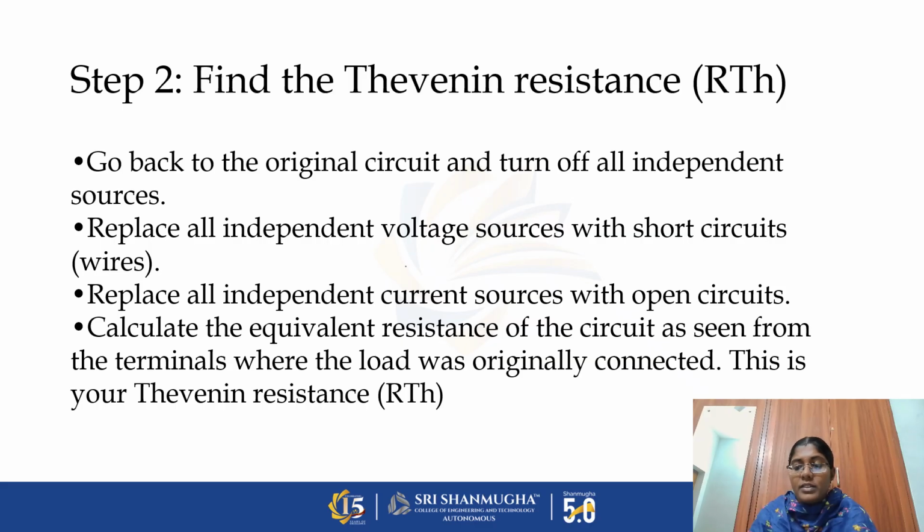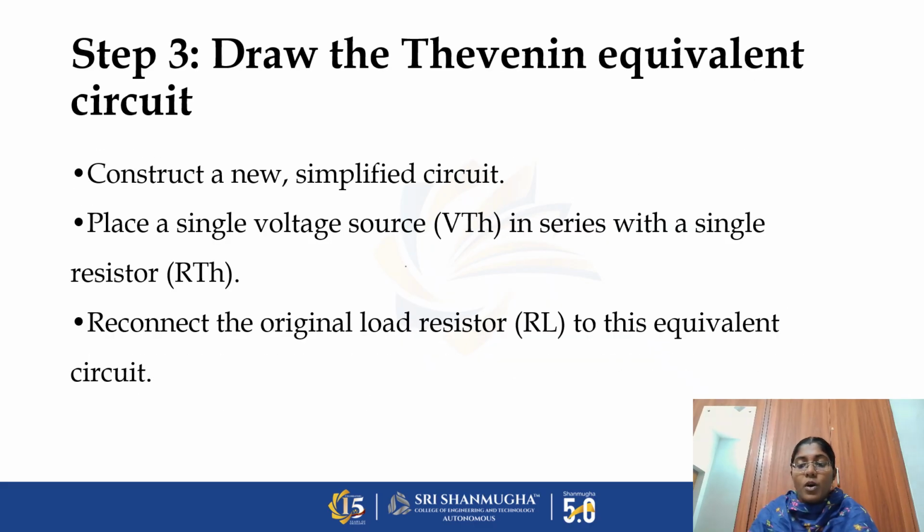Now we have found Thevenin's voltage and Thevenin's resistance. So now we can draw the Thevenin's equivalent circuit with the help of V Thevenin and R Thevenin. First we need to construct a new simplified circuit. Place a single voltage source, whose value is equal to the Thevenin's voltage, in series with a single resistor, which is the Thevenin's resistor.